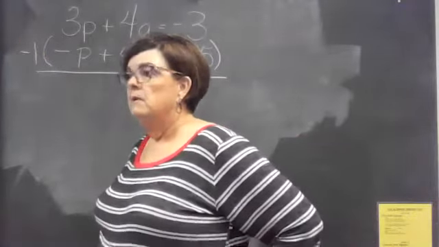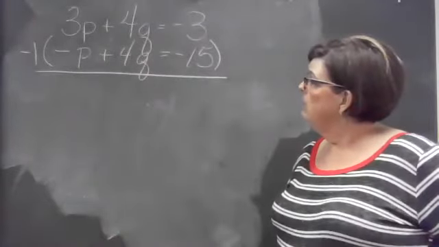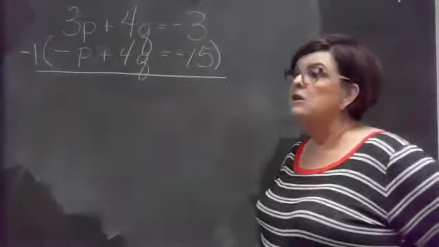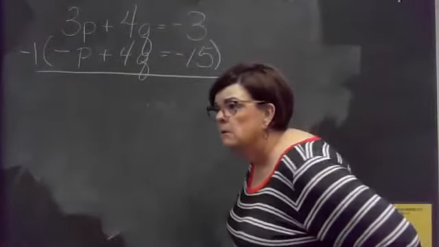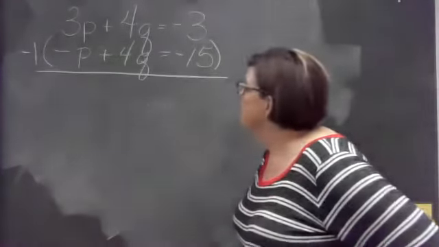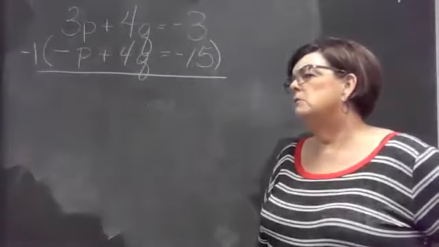If you want to make it a negative, would it come out to the same answer if you took the negative from the 15 and put it in front of the 4? That's kind of what we're going to do.